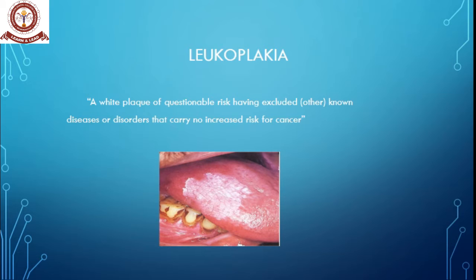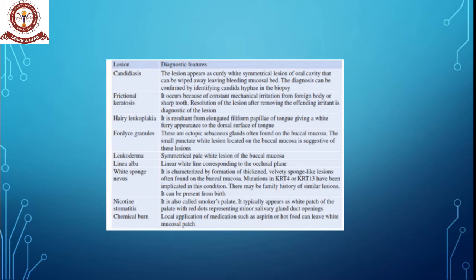So first we should know what the white lesions without any increased risk of cancer are. Those are candidiasis, frictional keratosis, hairy leukoplakia, Fordyce granules, leukoderma, linea alba, white spongy nevus, nicotine stomatitis, and chemical burn.